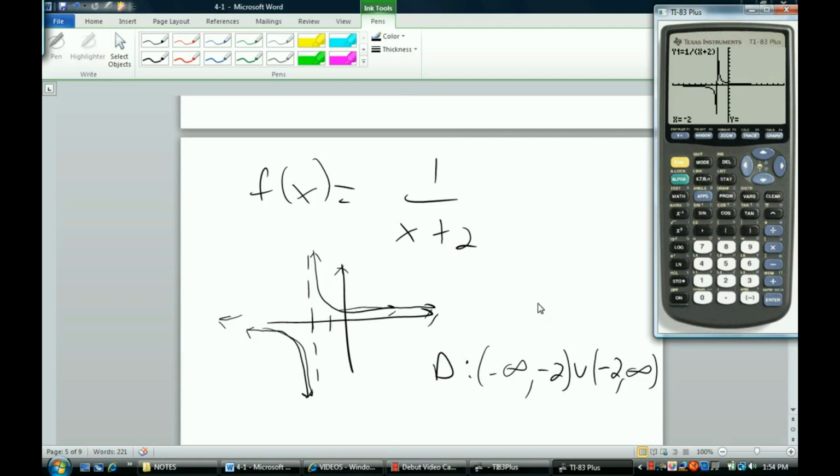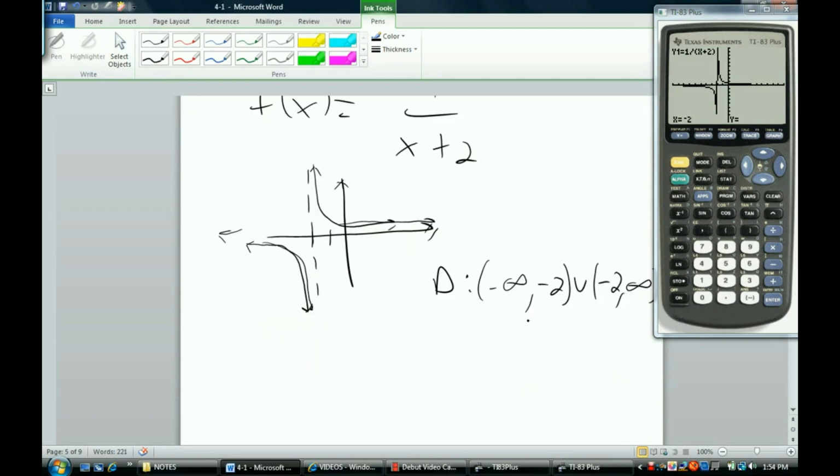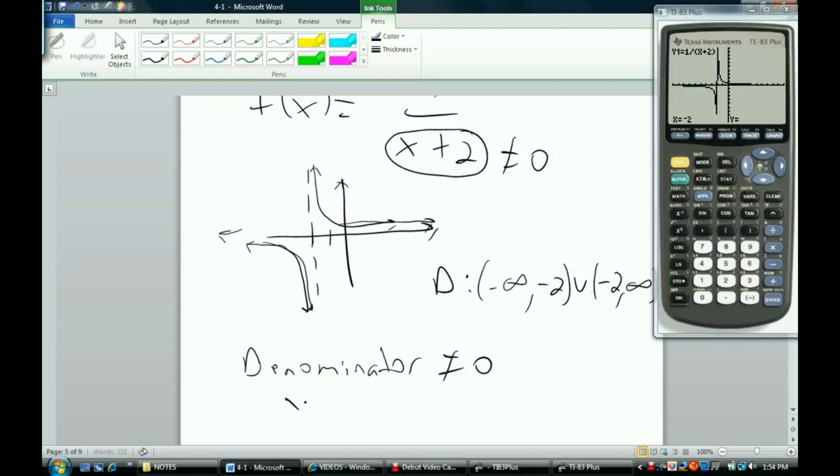So the moral of the story is when it comes to rational functions, your denominator, in this case x plus 2, cannot be 0. So anytime you're dealing with fractional expressions, the denominator cannot equal 0. So all you really are doing is just setting x plus 2 equal to 0.